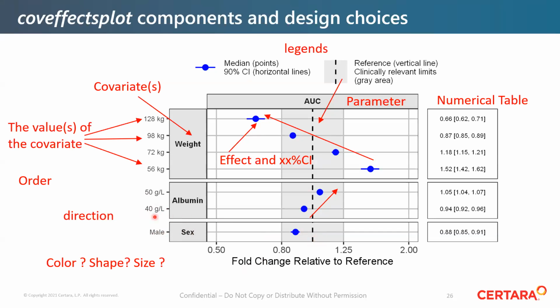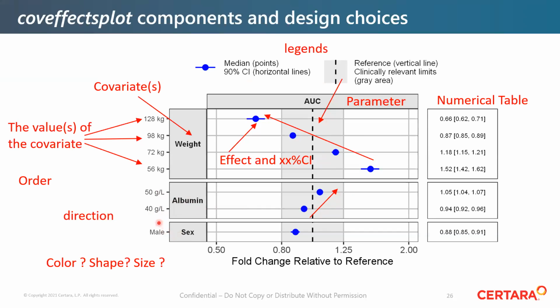It's important to keep the direction. When I go up in the axis, my covariate increases all the time. So albumin is going up, weight is going up, but these two have opposite effects. When weight goes up, my AUC goes down, while when my albumin goes up, my AUC goes up.